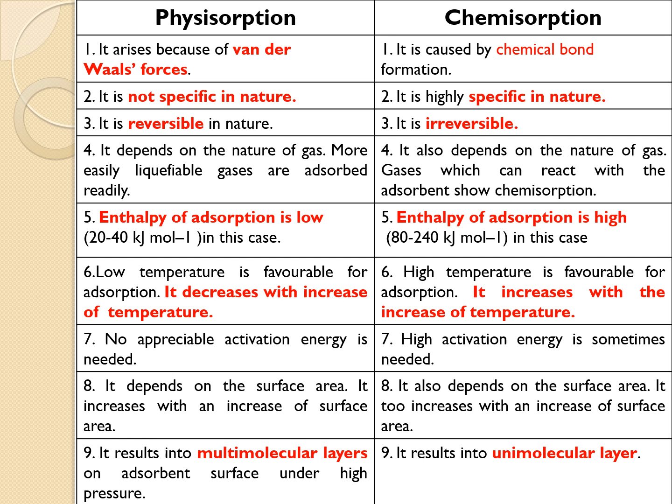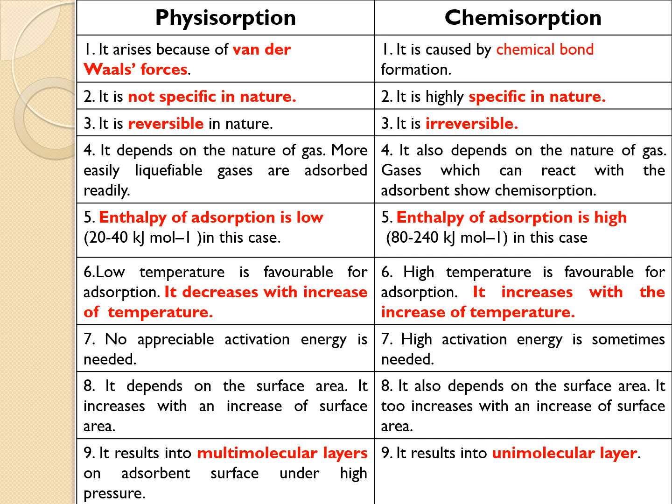Physisorption occurs at a low temperature. We can say low temperature is favorable for adsorption. It decreases with increase of temperature because desorption takes place, or the adsorbate molecules start leaving the adsorbent with increase in temperature.